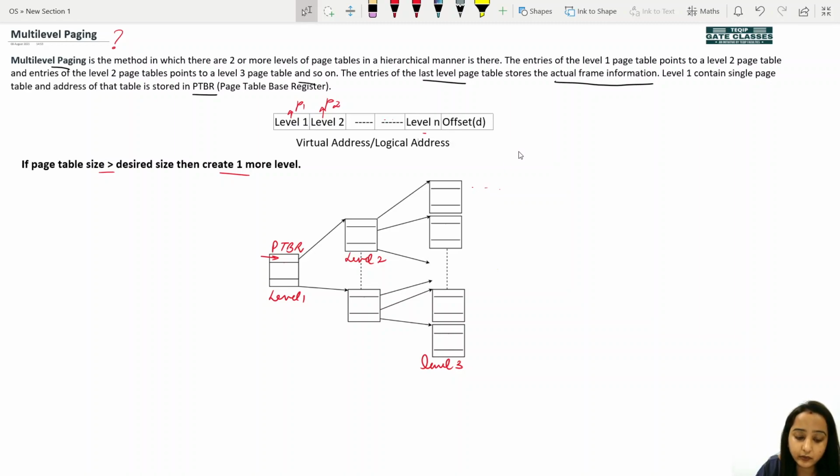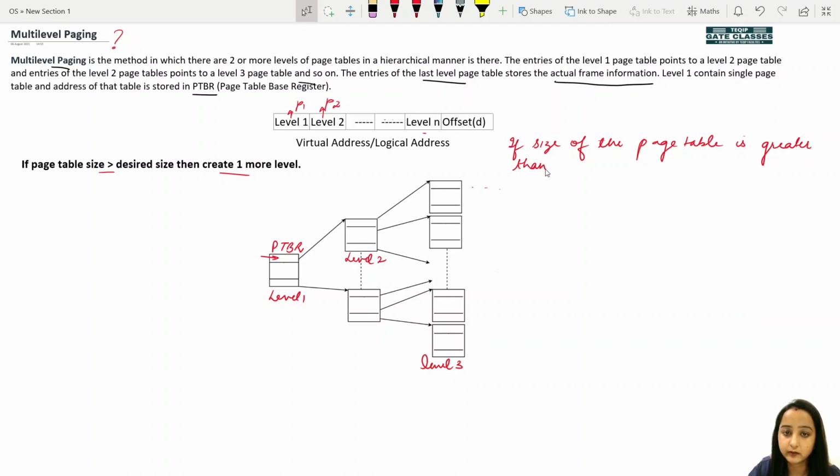If the size of the page table is greater than the frame size, then it will not fit in that frame.